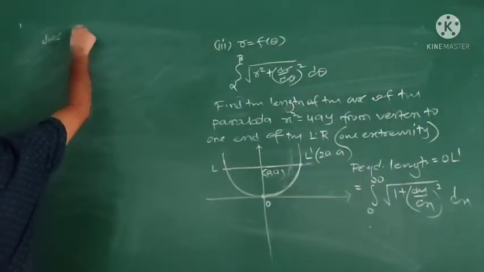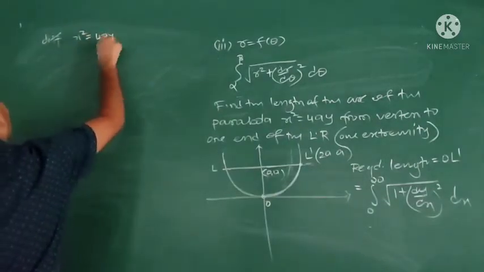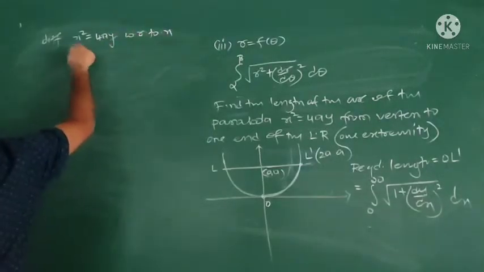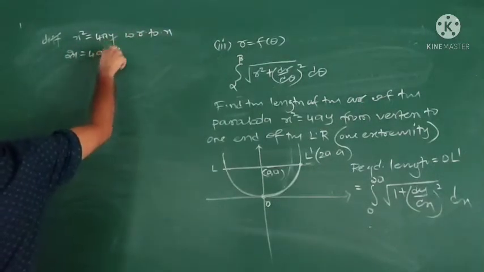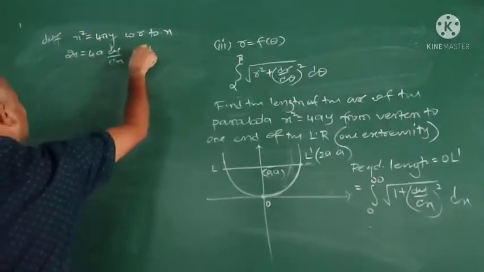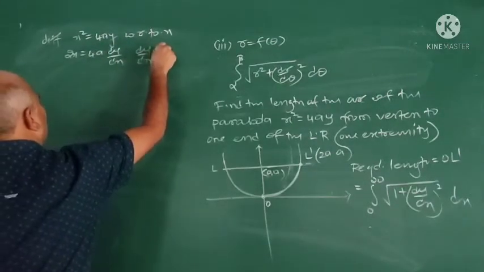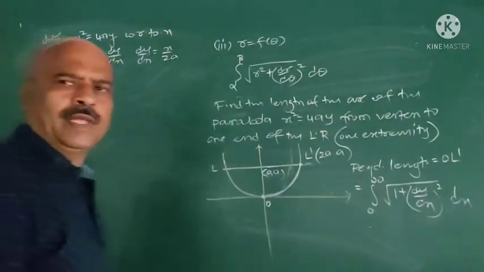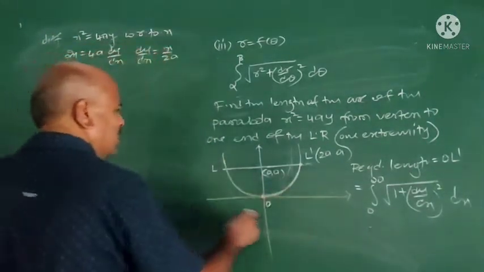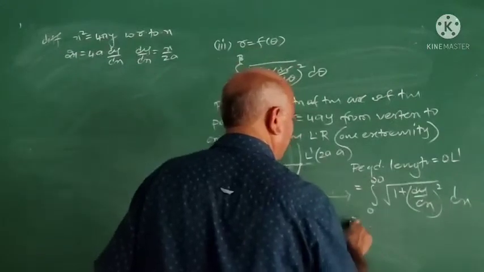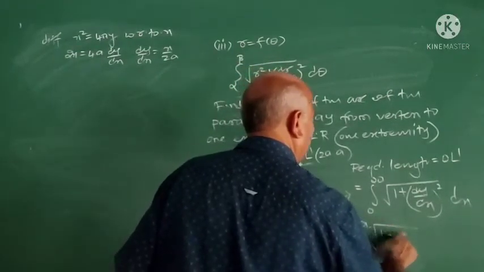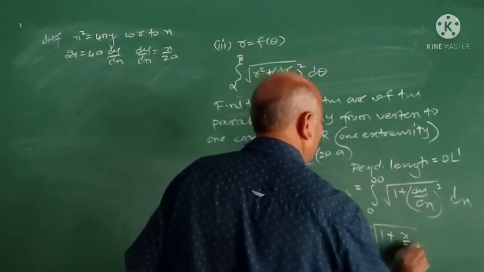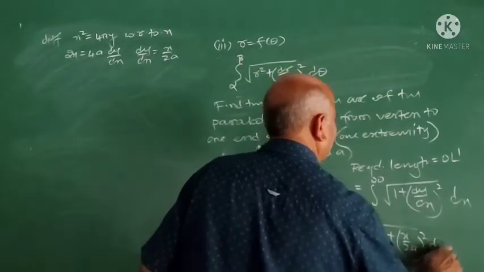Differentiating x square is equal to 4ay with respect to x, we get 2x is 4a dy by dx. Therefore, dy by dx is x by 2a. Therefore, the length is 0 to 2a square root of 1 plus x by 2a whole square with respect to x.